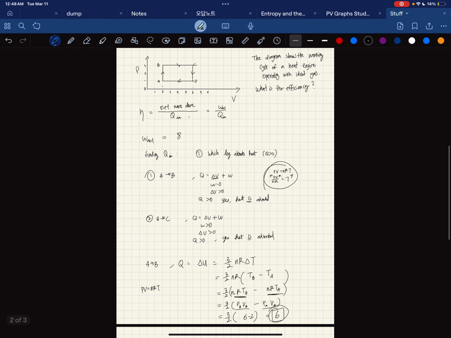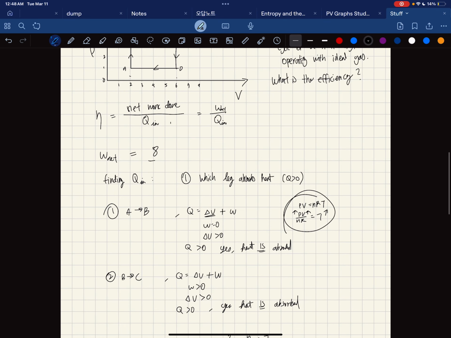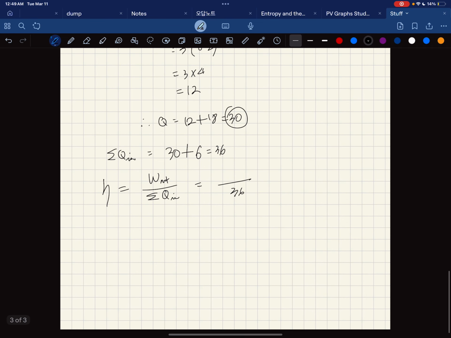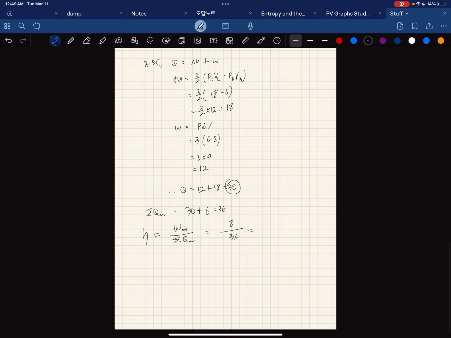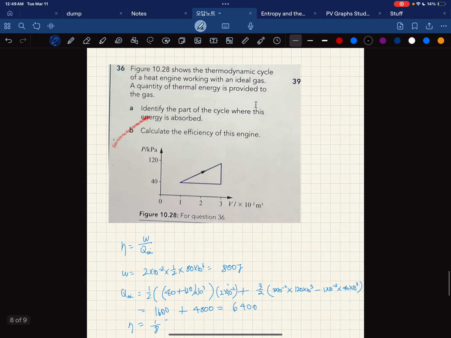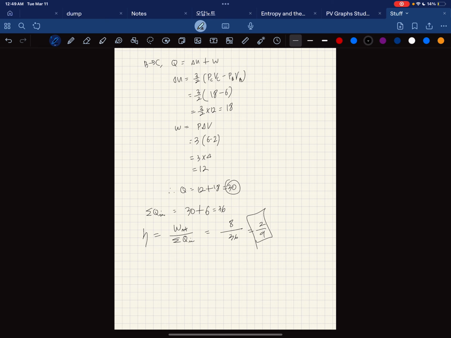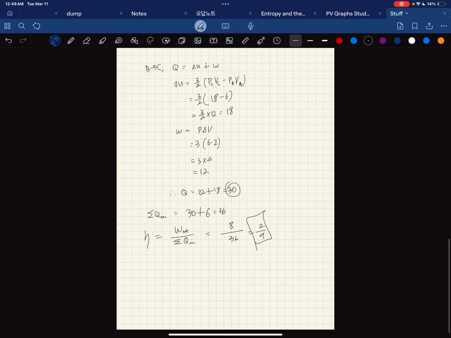And work done, we calculated it already, 8, is 2/9. And that's the answer. Let me see if I got it right. Oh, yeah, I remember I did get it right. Yep, so there's the answer.